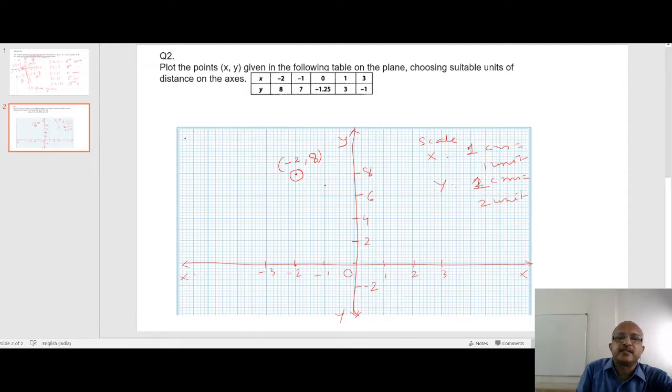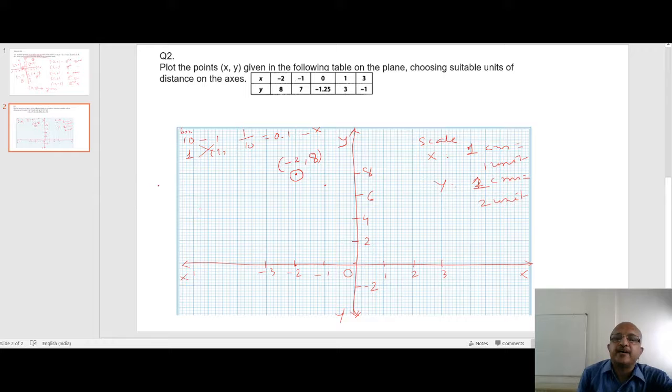See, 10 small boxes means it is 1. So this is a small box. One box means how much? 1 upon 10 means 0.1 value. Yes or no? 1 into 1 upon 10 is 0.1. This is for x.